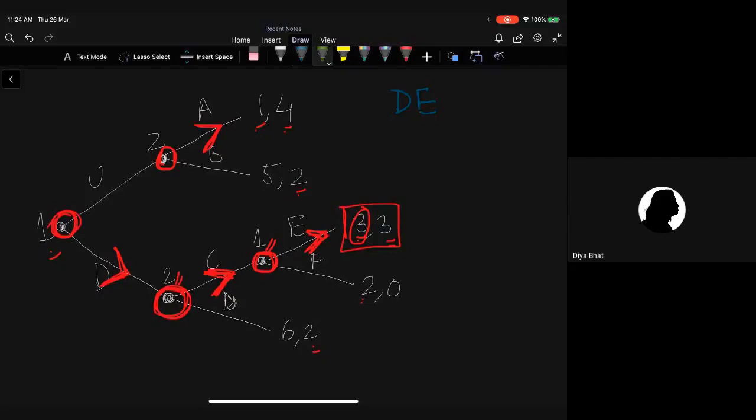What is the strategy chosen by player two? For player two, I'll write the top node first and the bottom node later. This ordering is not important as long as you specify what you are doing. So on the top node, two chooses A, and on the bottom node, two chooses C. So the strategy is AC.